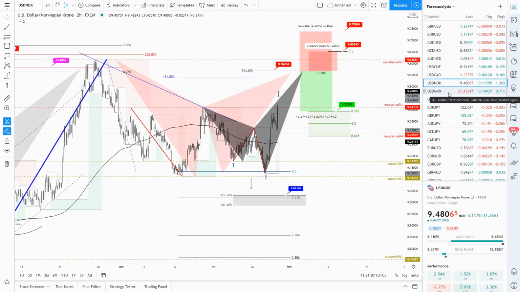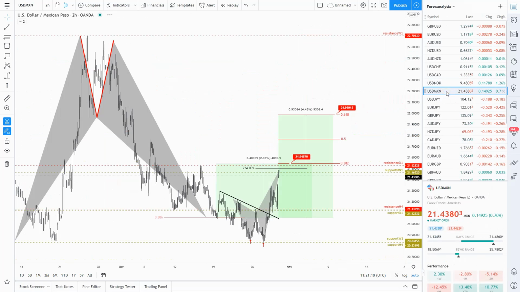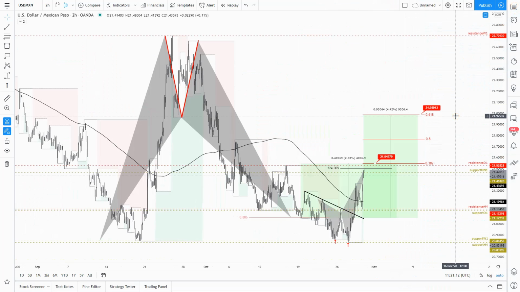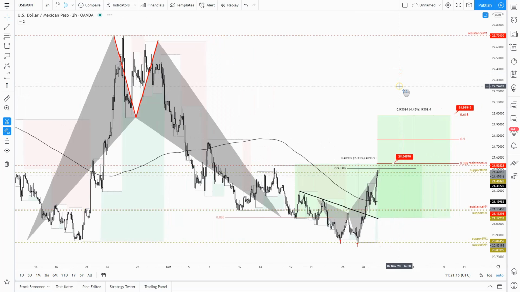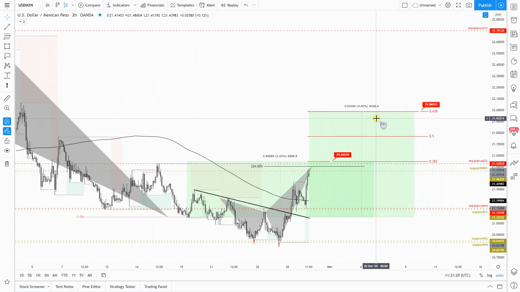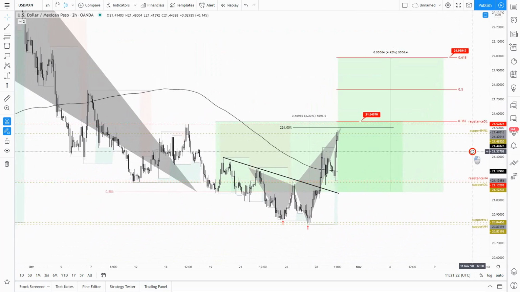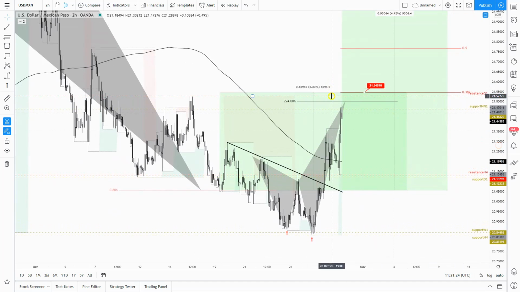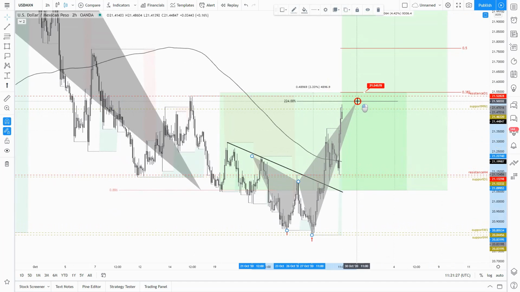because you will lose. Mexican peso, another nice one that I pushed, and I'm already approaching my default targets, but we are also approaching the 224% Fibonacci extension right here.